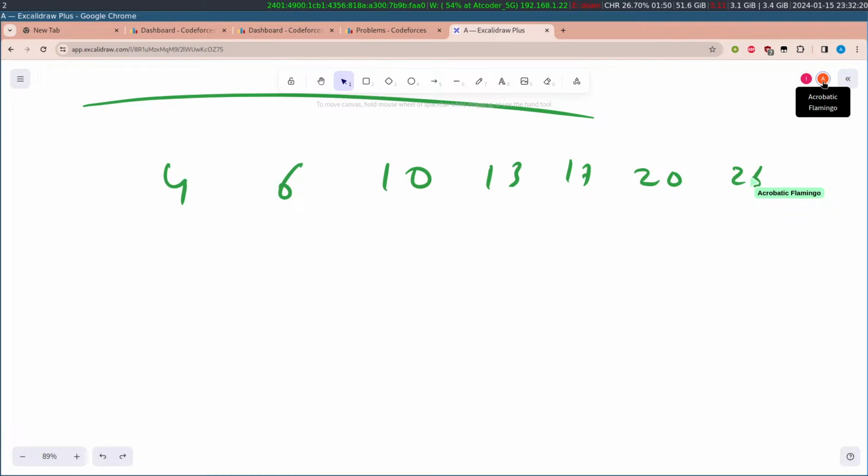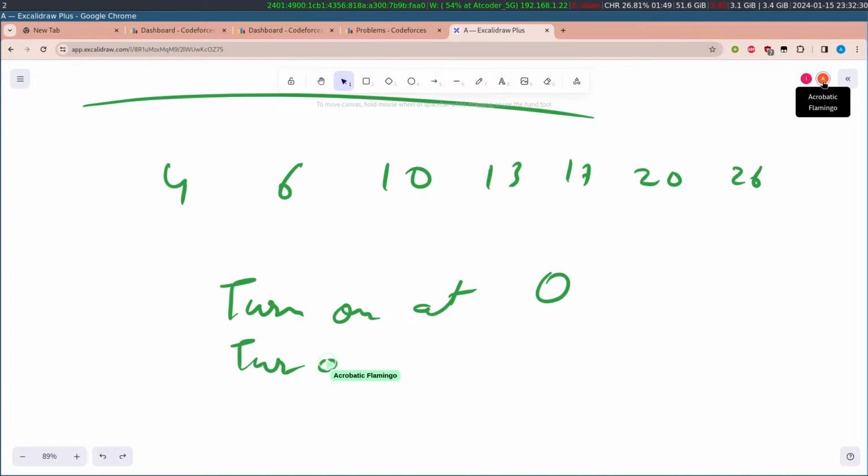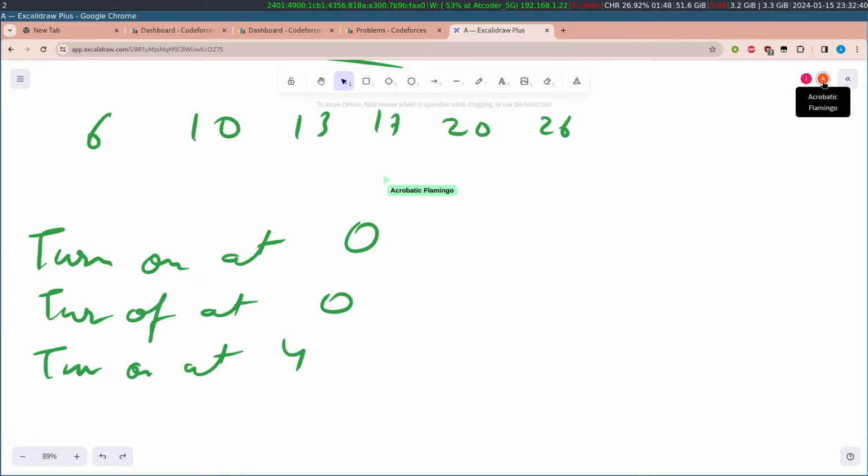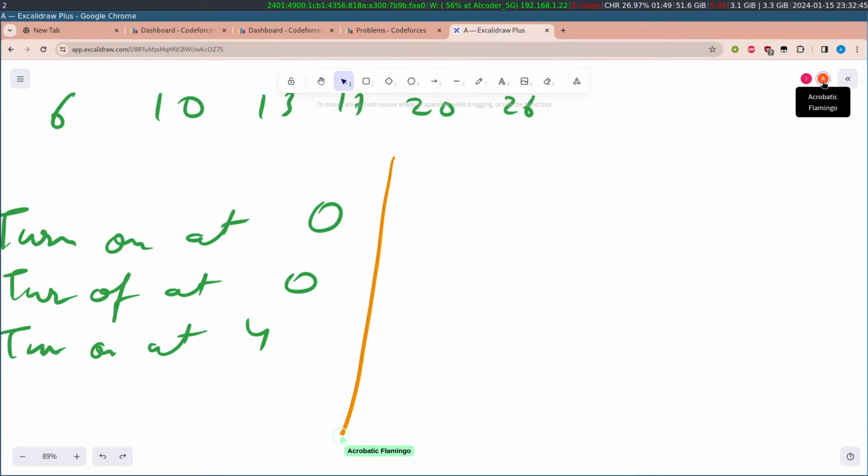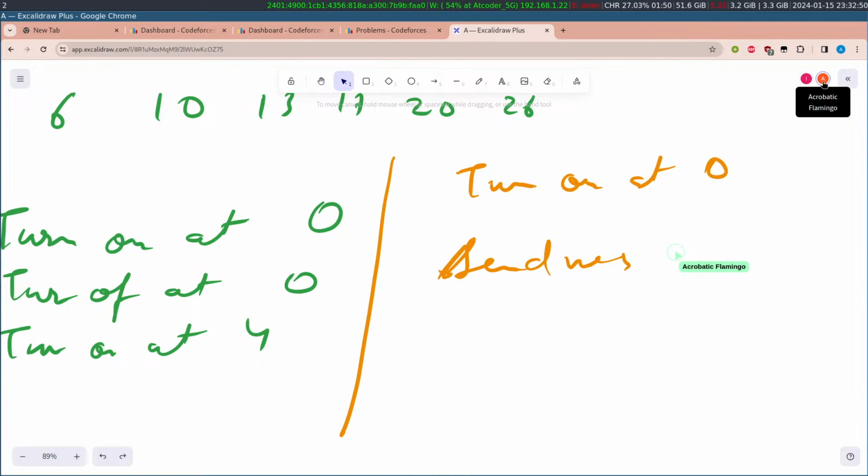You know that you first turned on the phone at moment 0, and either you could have turned it off again at 0 and then turned it on at 4. This is one way. The other way is to turn on at 0 and send the message directly at 4. If you do this, your charge will reduce by 4.